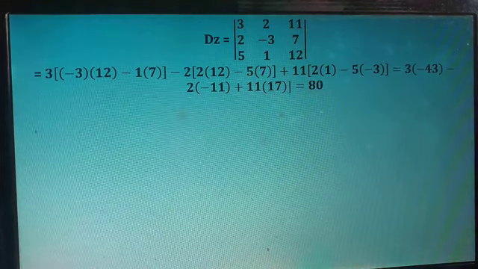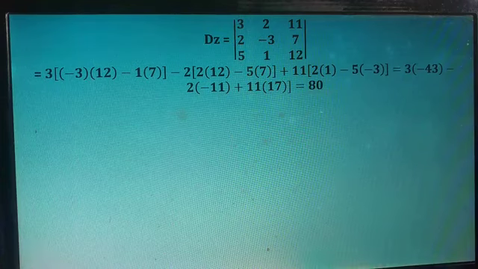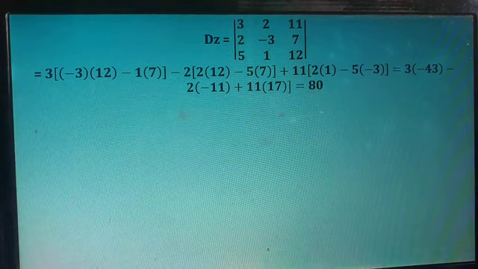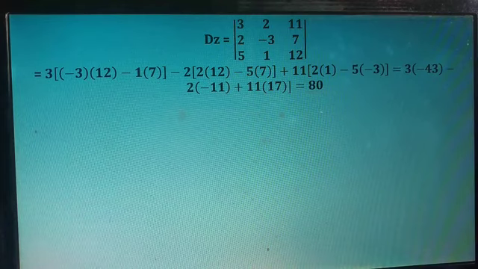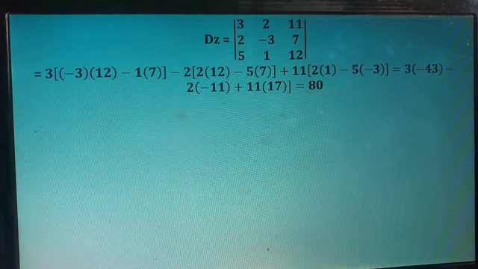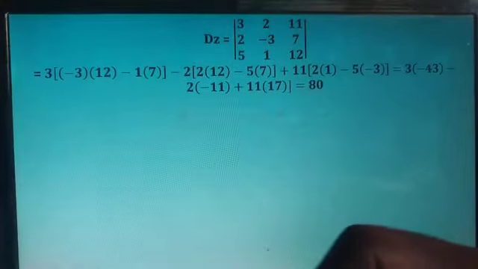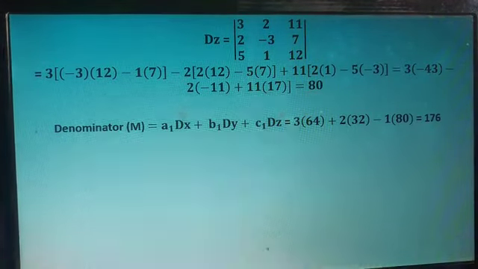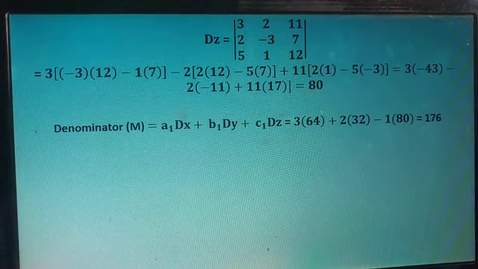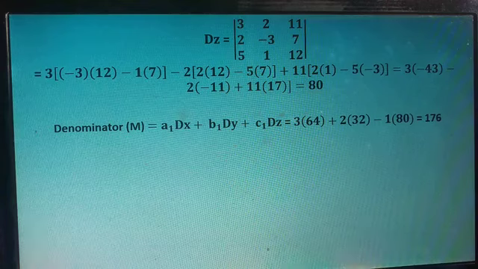Now that we have the 3 determinants, we can move on and find the denominator that we'll be using to calculate the actual values. This denominator is not a determinant. It is simply what looks like this. I am calling this denominator m.